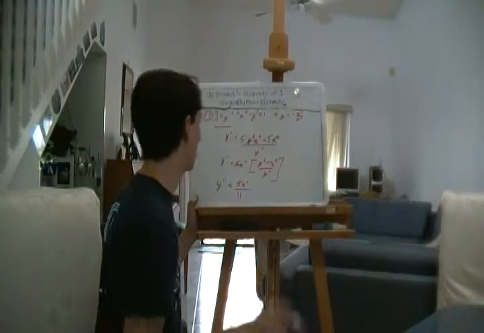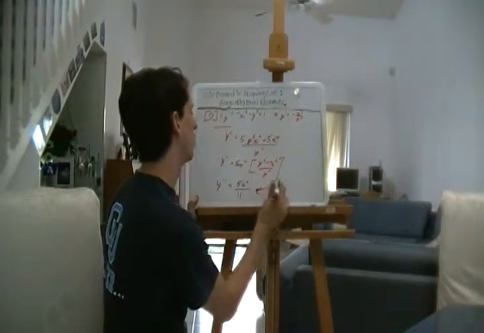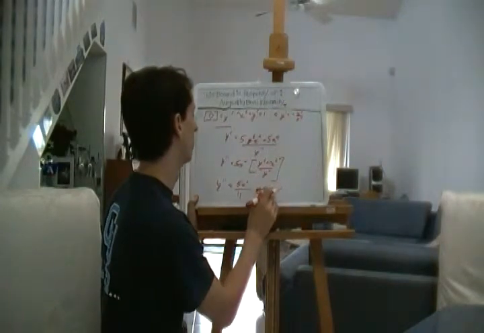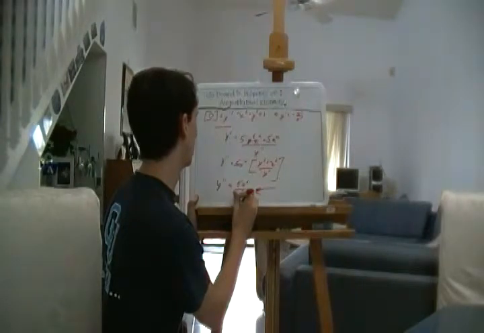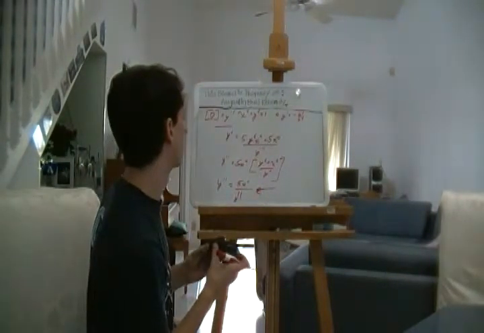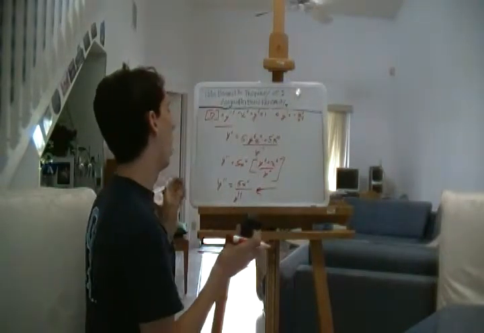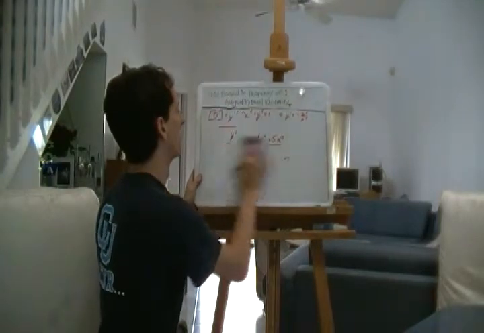Probably. Anyway, I think I messed up something there, but that's basically your answer. Should be y to the 11th. There you go. All right. So that's y double prime.